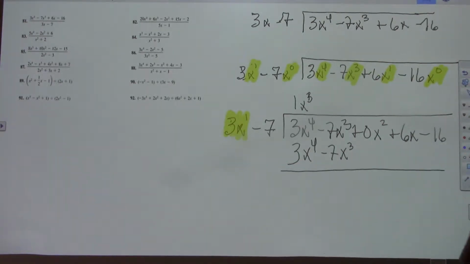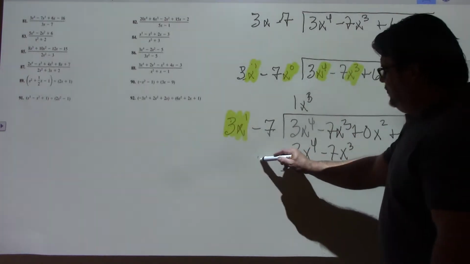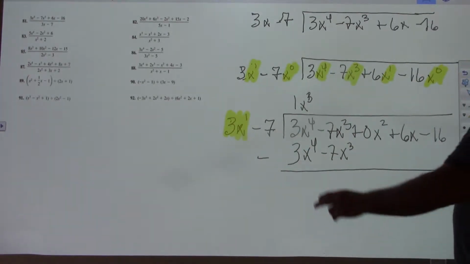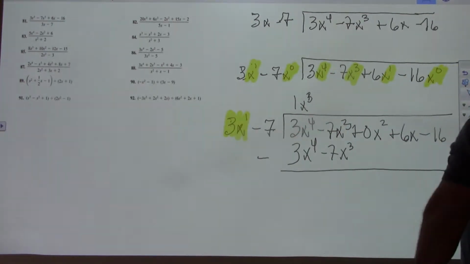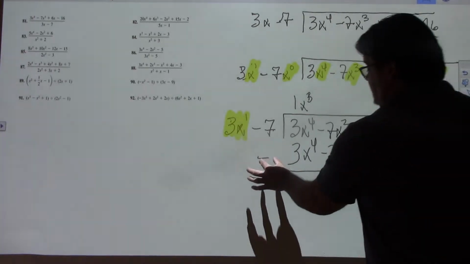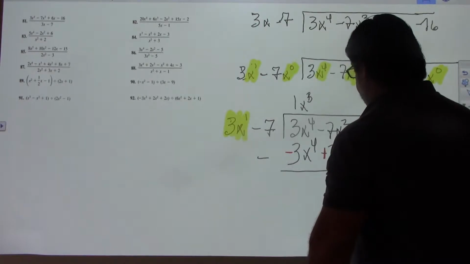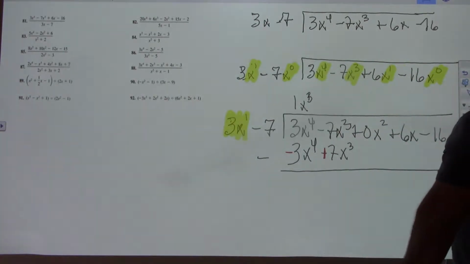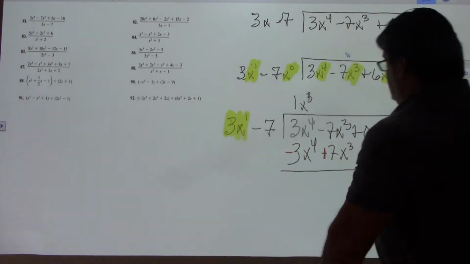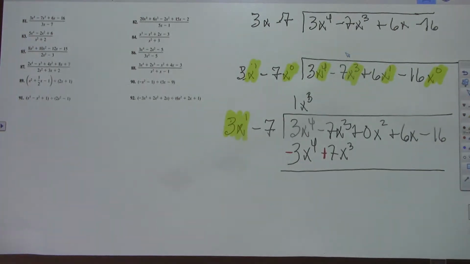We always subtract. Now you can subtract, or you can take that subtraction symbol and distribute it. I don't care which way you do it, but I'm going to distribute.